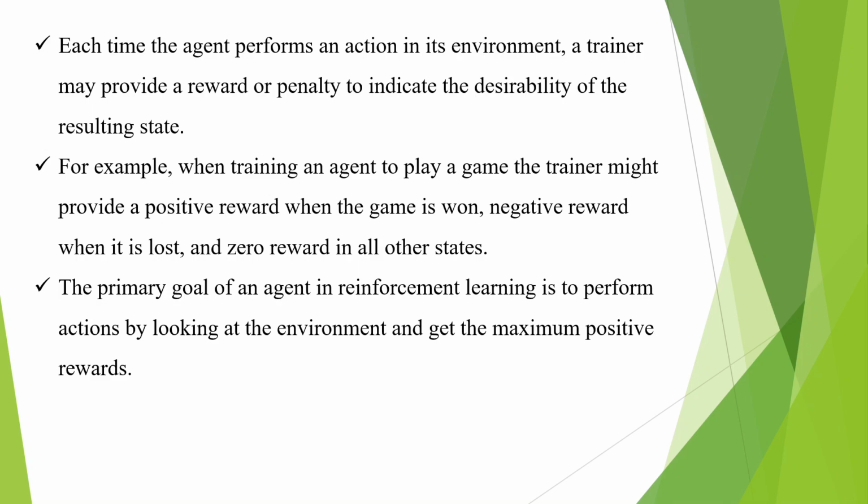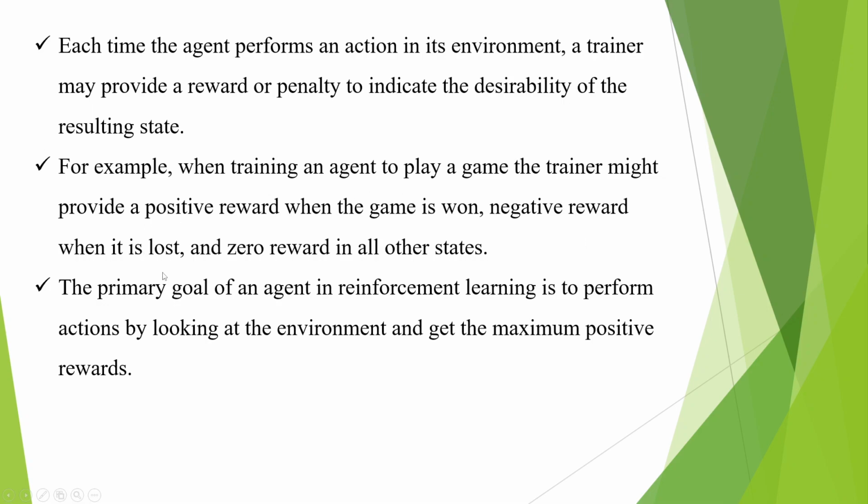And if the agent is performing an unsuccessful task or an undesirable task, we simply give the penalty. Okay, so for example, when training an agent to play a game, the trainer might provide a positive reward when the game is won. If the agent is winning the game, we are giving a positive reward, and negative when the agent loses the game.